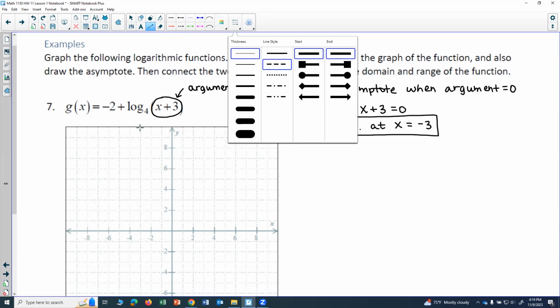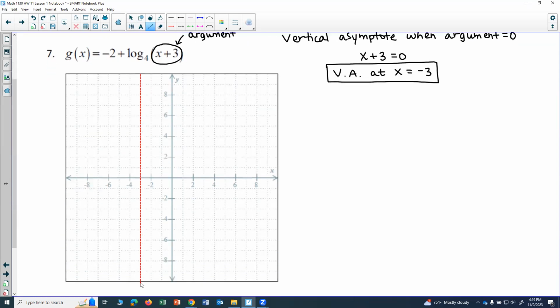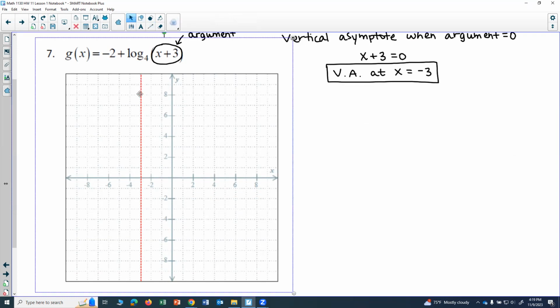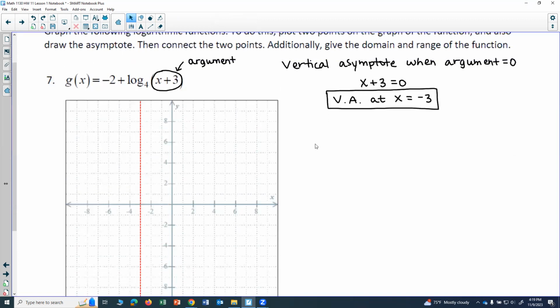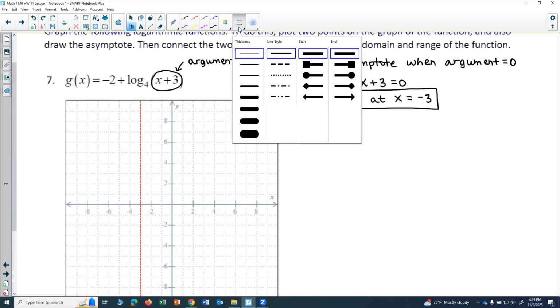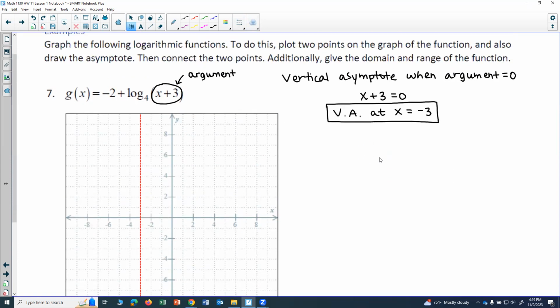And then I'll make my vertical line right at x equals -3. Okay, so there's my vertical asymptote. I know my graph will not cross that line. And now I want to get some points on my graph.